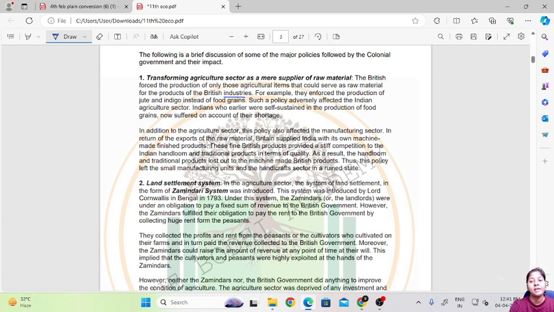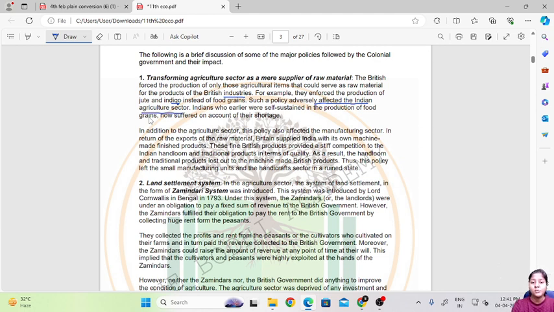For example, they enforced the production of jute and indigo instead of food grains. The major thing Indian people wanted was food grain, because at that time the major focus was on food. But the British focused on jute and indigo plantation, because the revenue they were getting was higher, so most of the production focused on jute and indigo. Such a policy adversely affected the Indian agriculture sector.